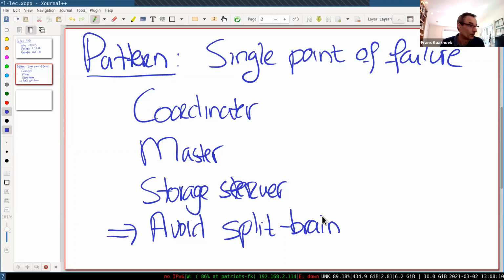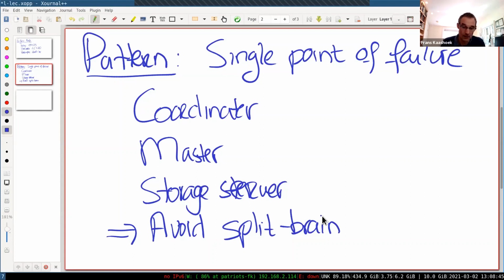We're building high performance, very fault tolerant systems, and in all of these designs we still have a single point of failure, even though replication is used for many other aspects of these system designs. And for many of the systems that we talked about so far, to avoid this split brain syndrome and maintain a single point of failure is perfectly acceptable in many cases.